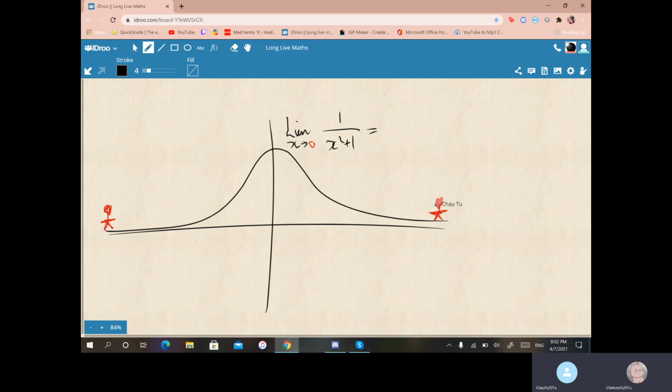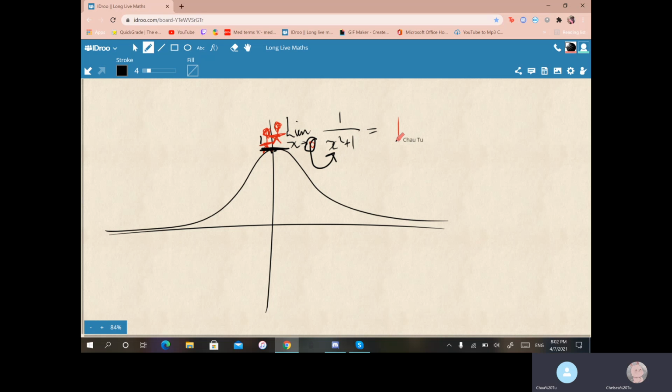How do you know it's 1? Because the height as it goes to 0 is 1. Because you put 0 into the x. So you're approaching 0 from the left-hand side and from the right-hand side. The two people meet at a height of 1. So we said the limit is 1.